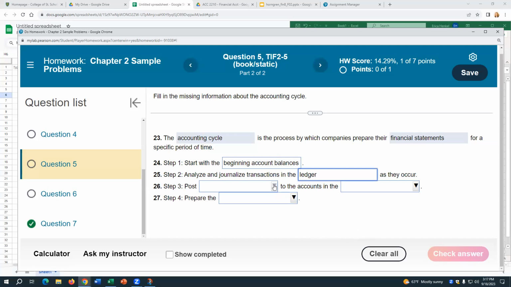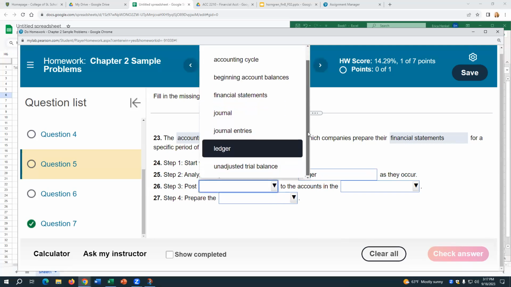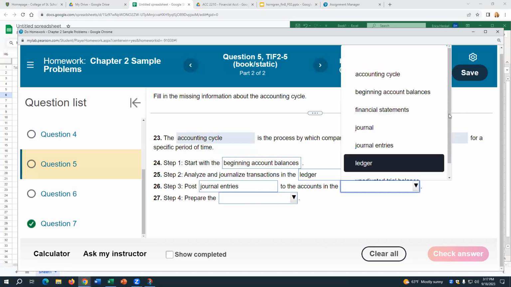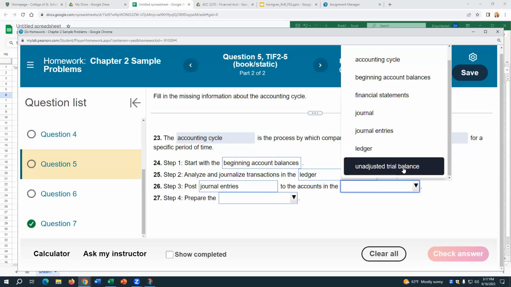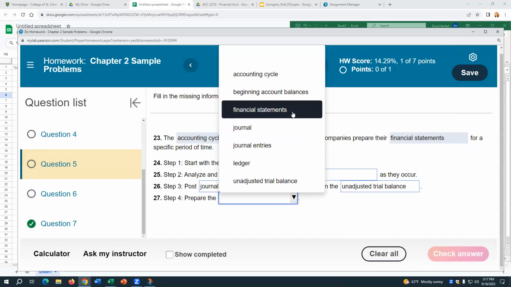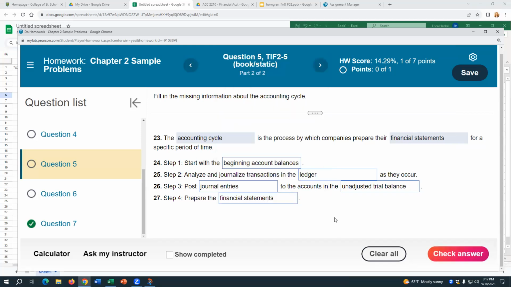And then we would post the journal entries to the accounts in the unadjusted trial balance, and then we would prepare the financial statements. So that should be it.